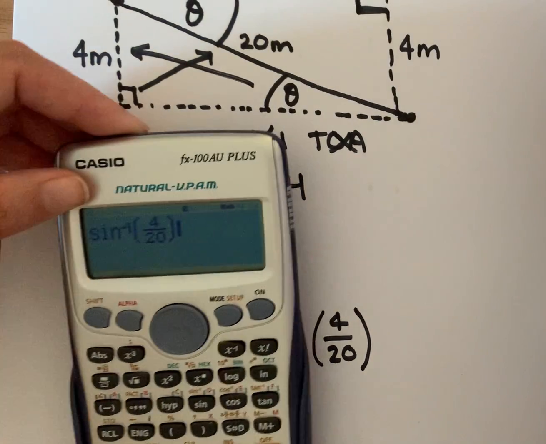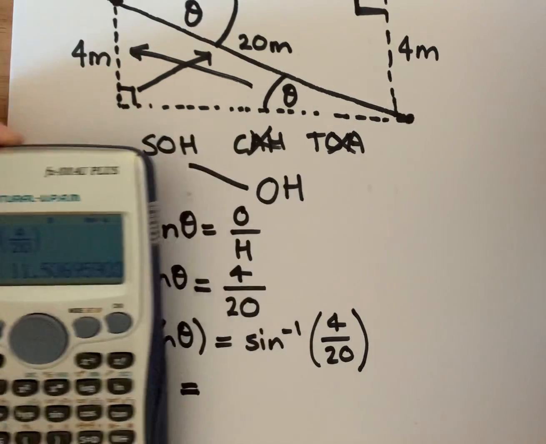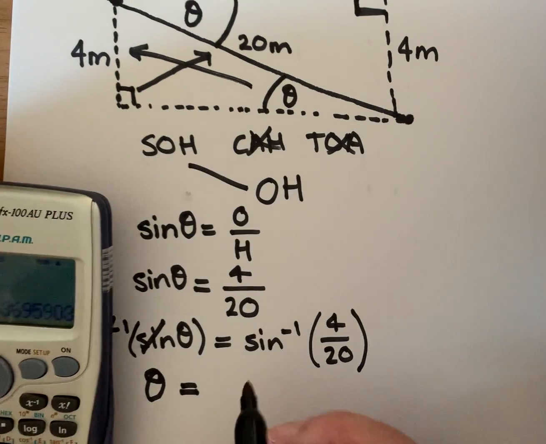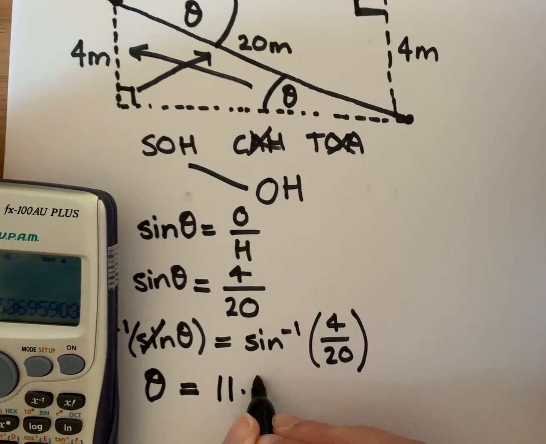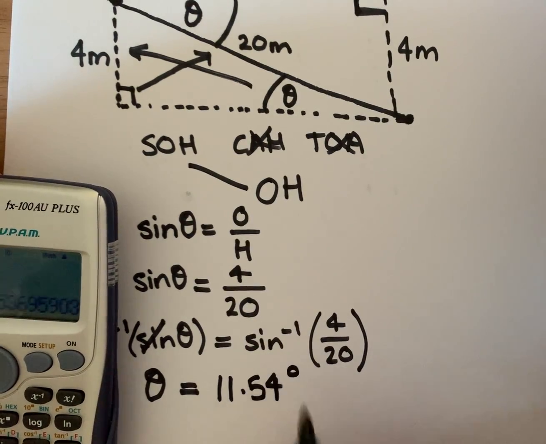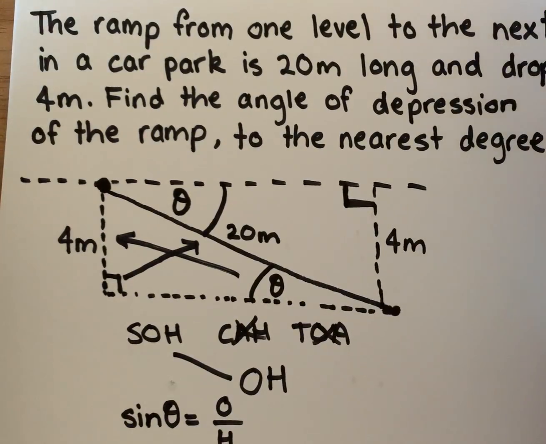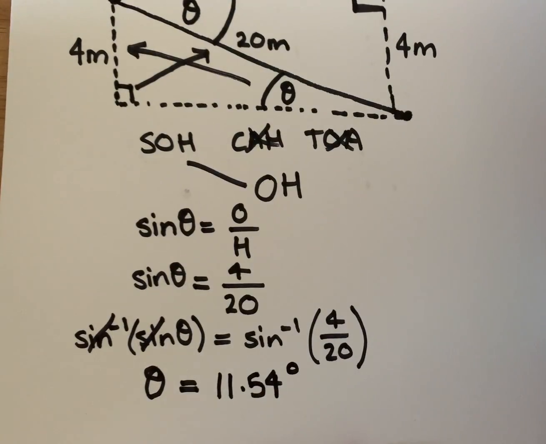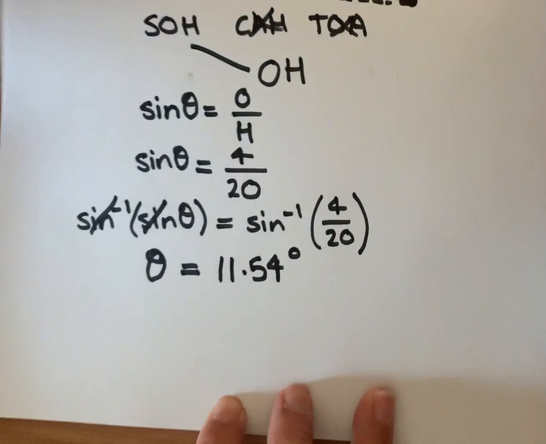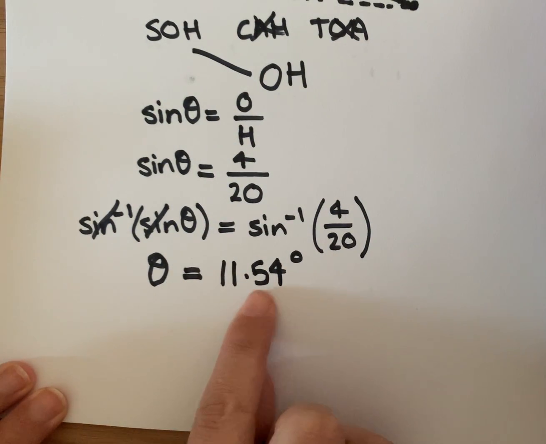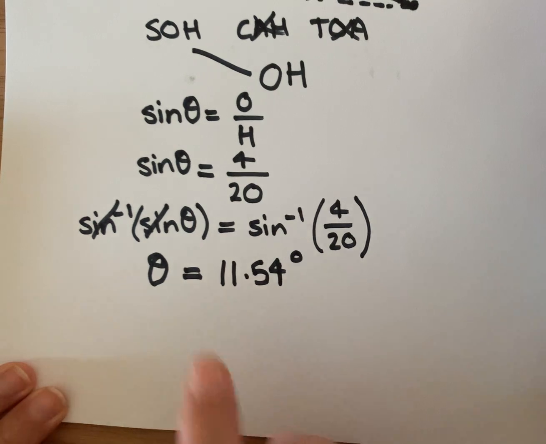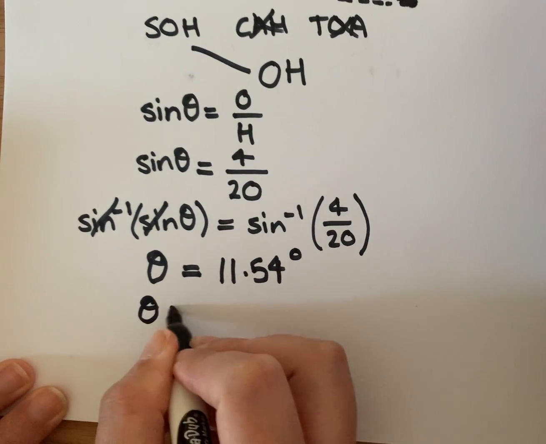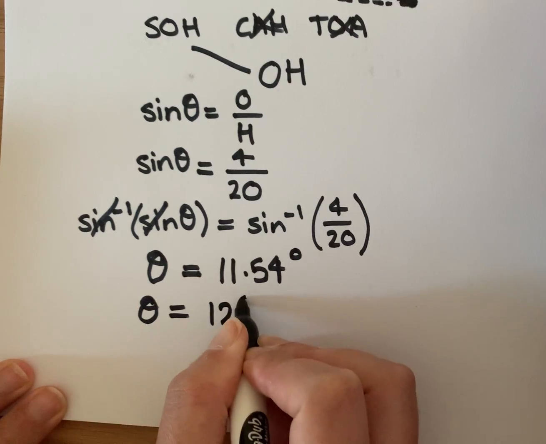So we type in that fraction and we end up with theta is equal to 11.54 degrees. But the question did ask us to find it to the nearest degree. So because this is in decimal form, we can just use normal rounding. 11.54, that's over 0.5, so we round up. So theta is equal to 12 degrees.